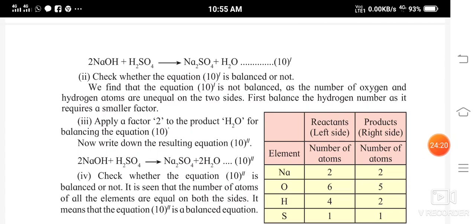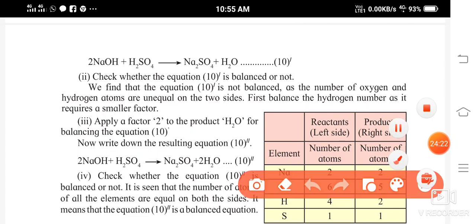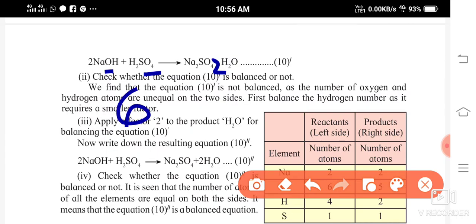So now hydrogen is balanced when you write 2H2O here. Now oxygen, let us see oxygen, how many? 2 atoms of oxygen here, 4 atoms of oxygen here, so it is 6 atoms this side.